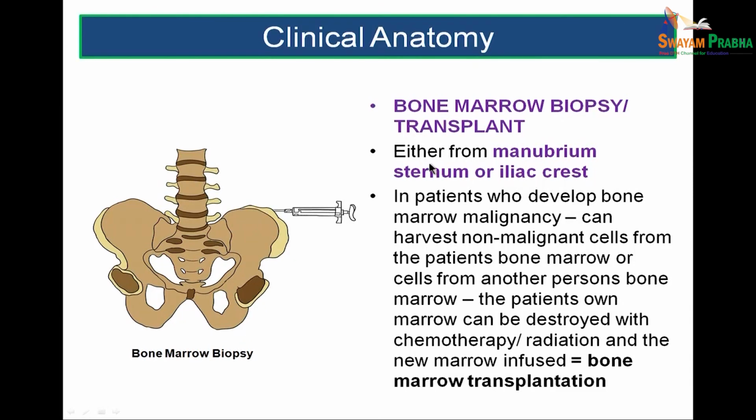Bone marrow biopsy can be done either from the iliac crest or the manubrium sternum by a special syringe, and bone marrow transplant can also be done at the same site. So, you can harvest non-malignant cells from a good patient's bone marrow and put it into the diseased person's marrow area. This is called bone marrow transplantation.